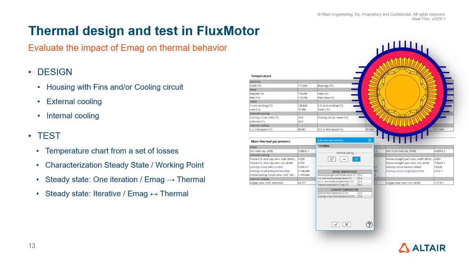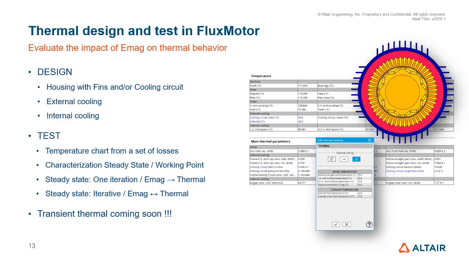Or do it in an iterative process where you run the EMF to get the losses, provide them as a heat source to the thermal part, and then run the thermal part to get the temperature, update the material properties, and run the EMAG again, and then follow this process until it reaches convergence.